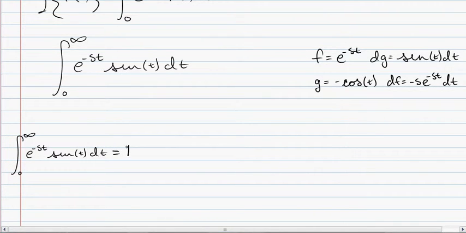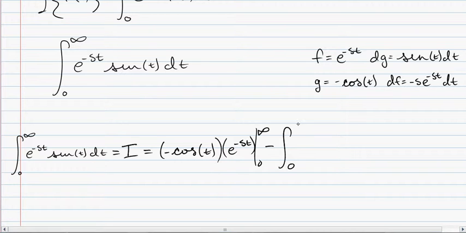I'm going to call that I. That is equal to negative cosine of t e to the minus st from 0 to infinity, minus the integral of negative cosine of t times negative s e to the negative st dt.